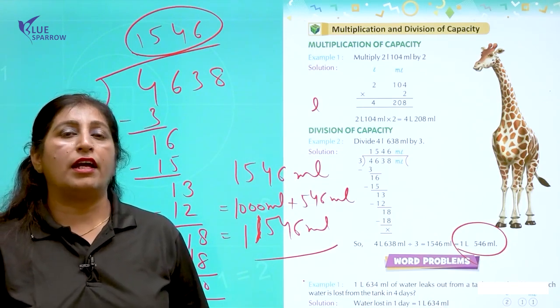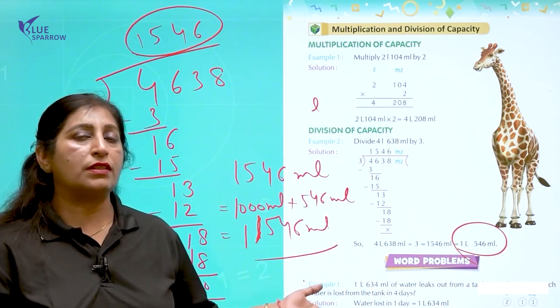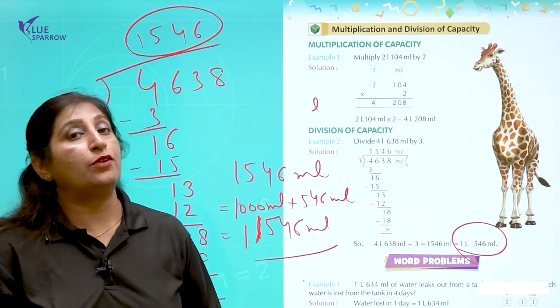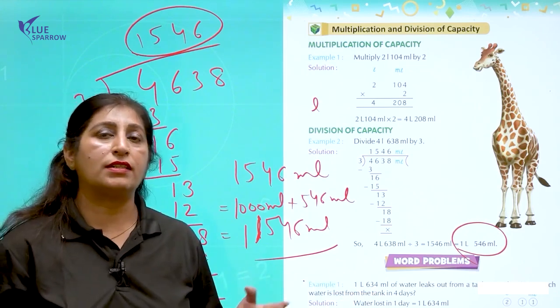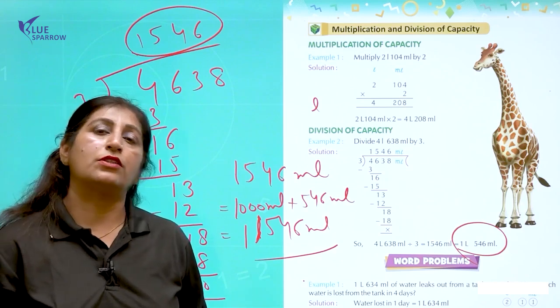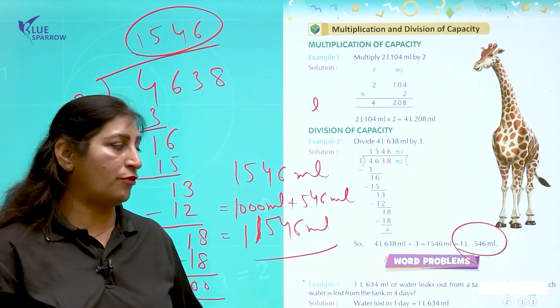Means you know that if there is leakage in 1 day, which is given in liter and milliliter, and you have to find the leakage in 4 days, it would be more. So in that case, you would multiply the given capacity by 4.